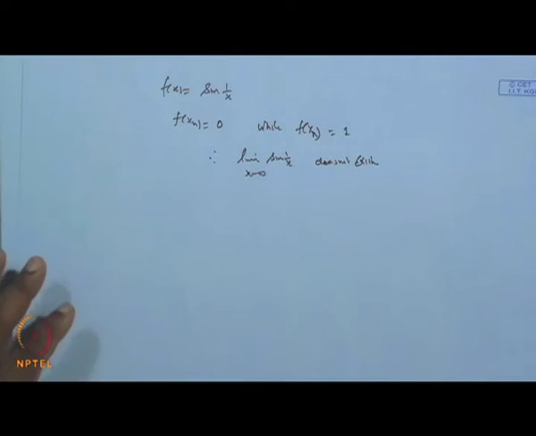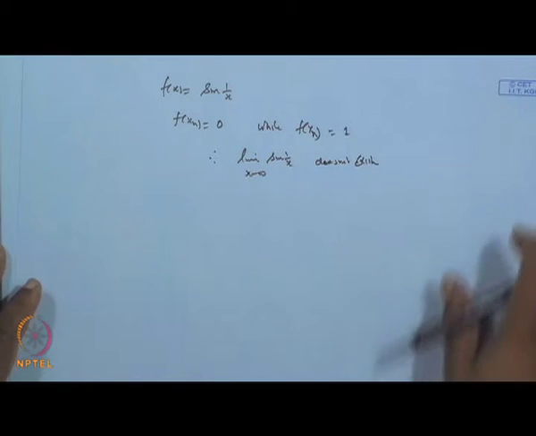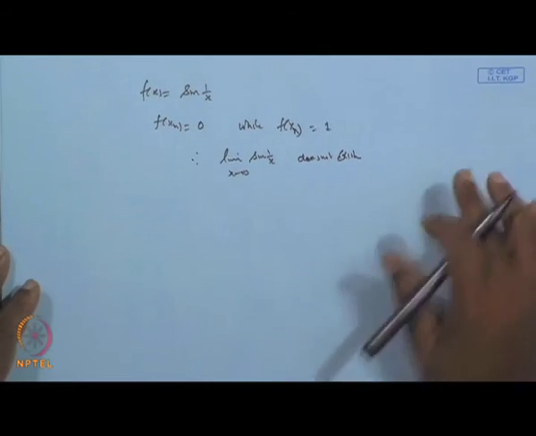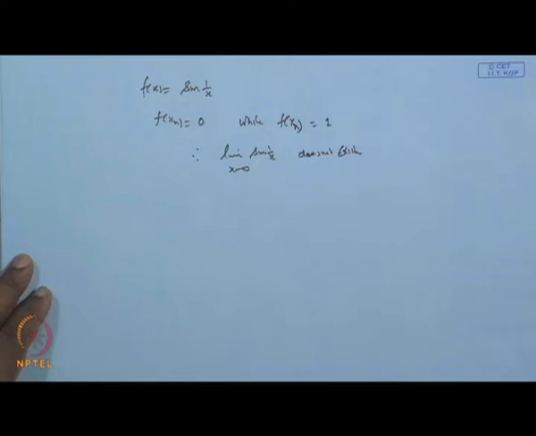Now, as I told you, we are assuming the limit is unique. If the limit of the function exists, it will be unique. So let us prove that result, as all these exercises which we have depend on this only.